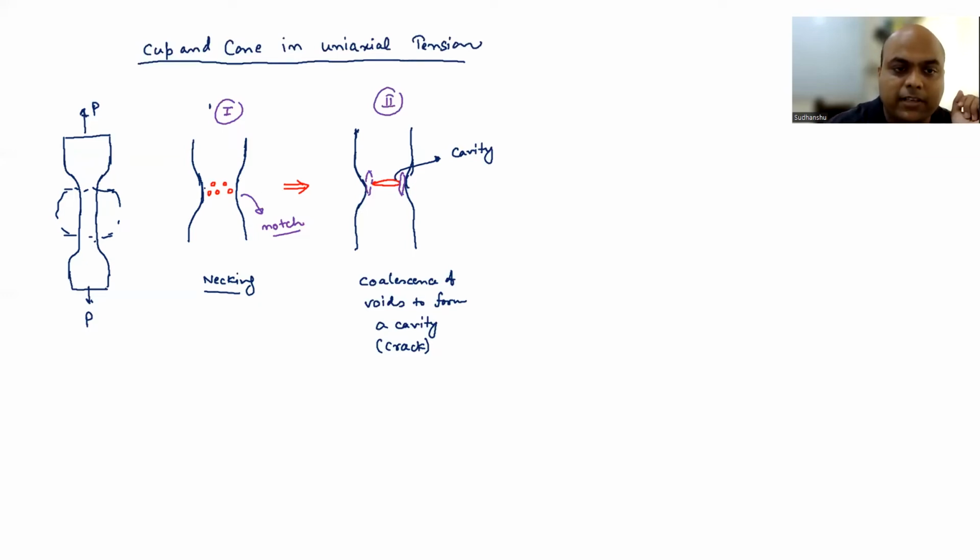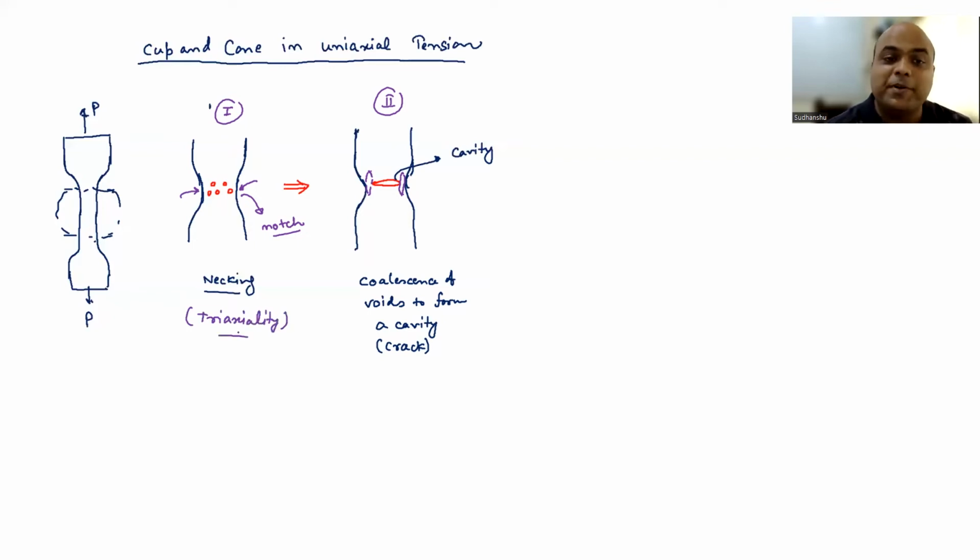So you are going to see the stress concentration in these regions. And as soon as you have a stress concentration, you know that you are going to have triaxiality, isn't it? So as soon as the neck forms, the sample is no longer in uniaxial mode, it is in triaxial mode. So in the neck region, you have triaxiality. So here you also have triaxiality.